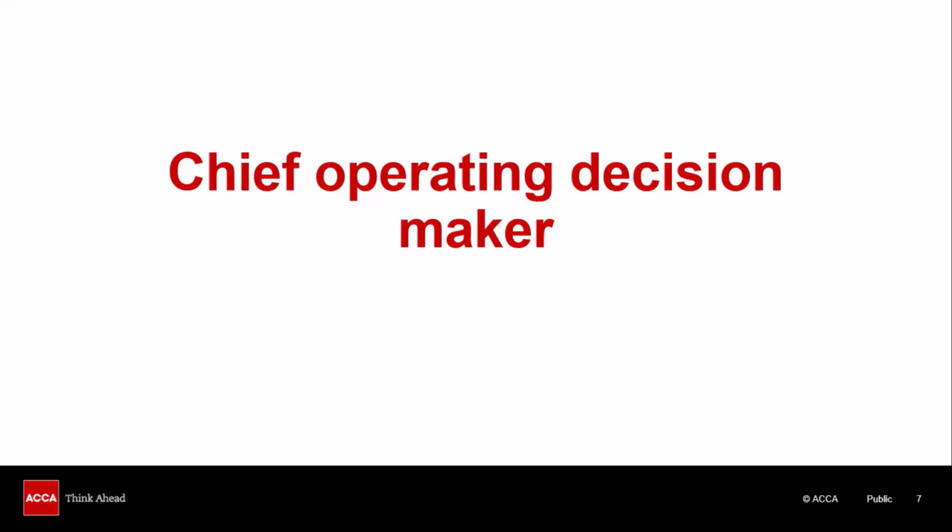Now, whoever uses that information, that's the chief operating decision maker. So this chief operating decision maker could be the CEO, it could be the CFO. It's important that we understand that this is a function, it's not a title in the company.